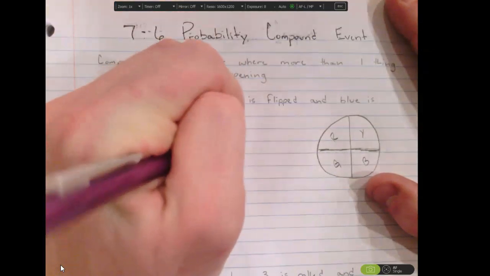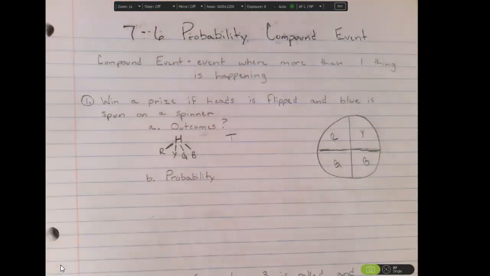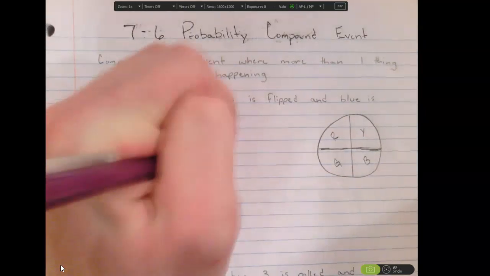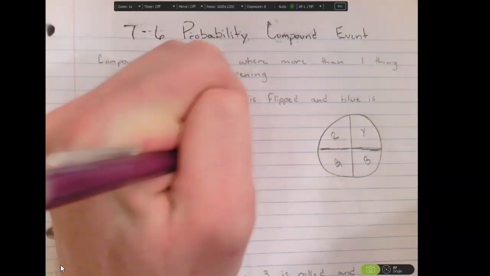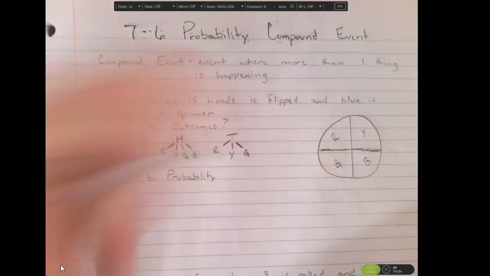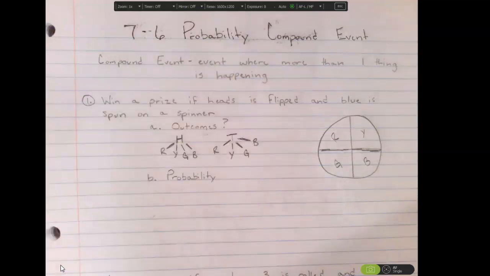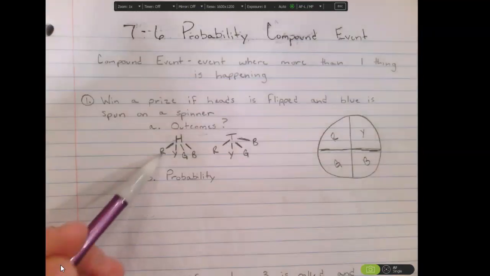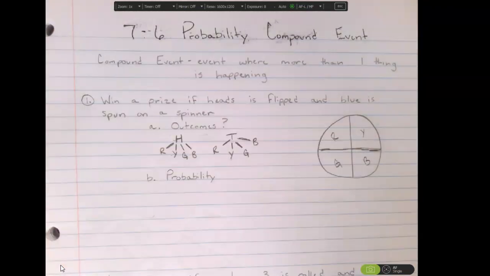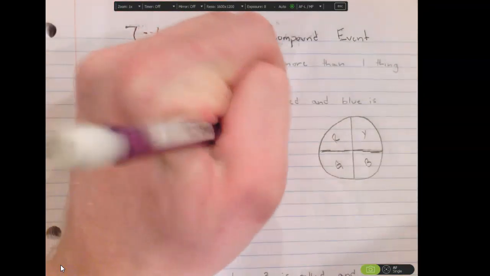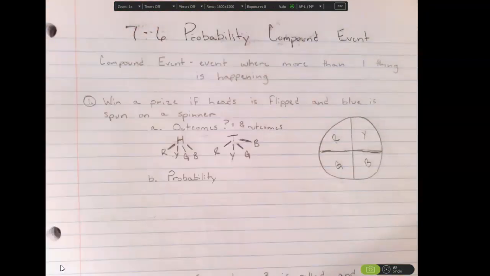I could flip that coin and land on tails, and after flipping tails, get red, yellow, green, or blue. And remember, whenever we found how many outcomes, all we did is count all these branches on our tree diagram. So how many outcomes are there? There's going to be 8 outcomes all in all.